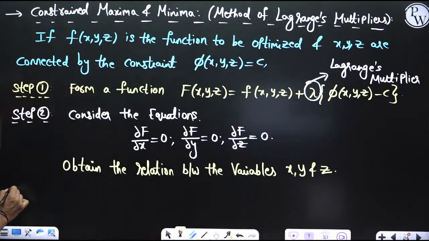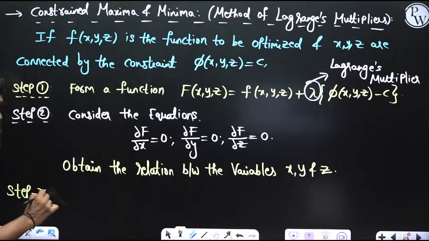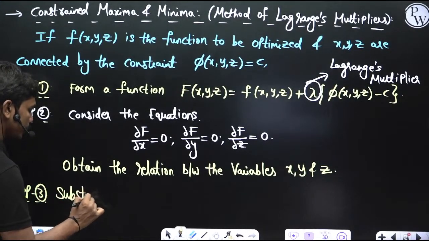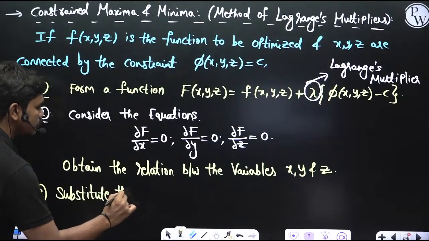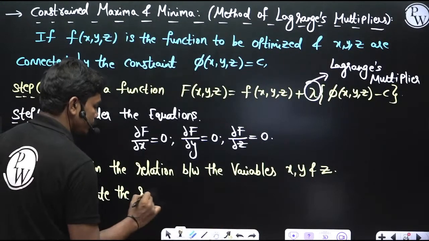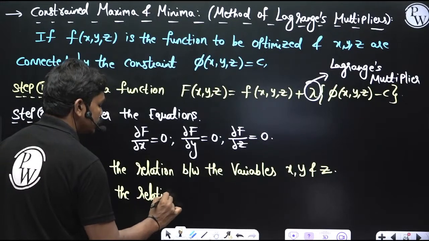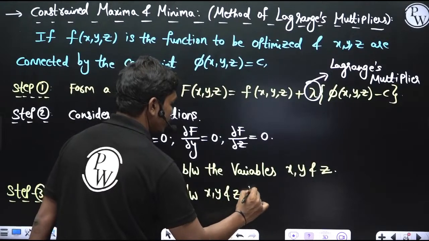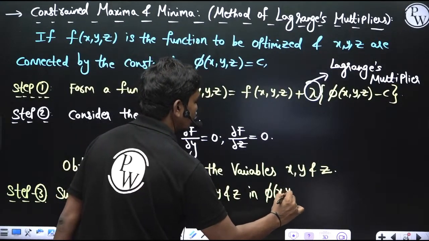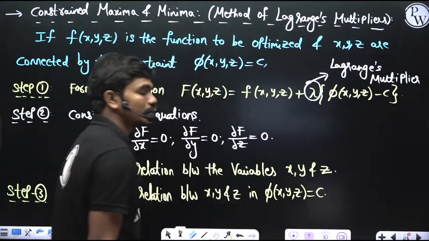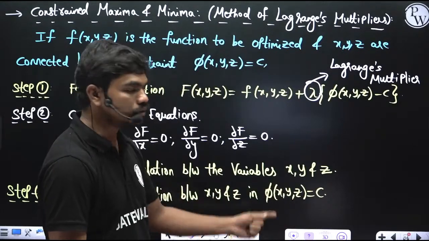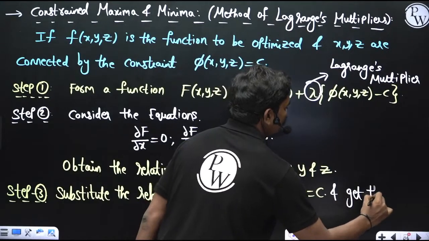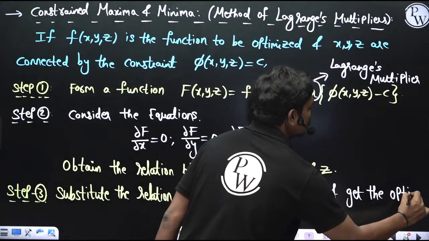Now step 3: substitute the relation between x, y, z in phi of x, y, z is equal to constant, and get the optimal values of x, y, and z.